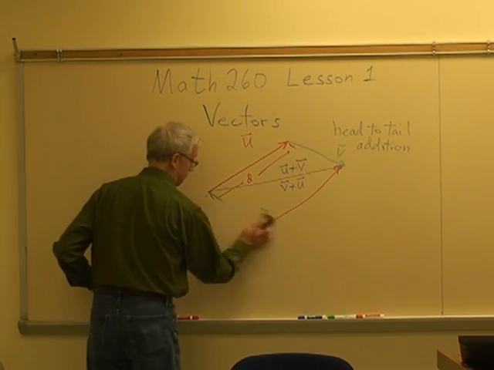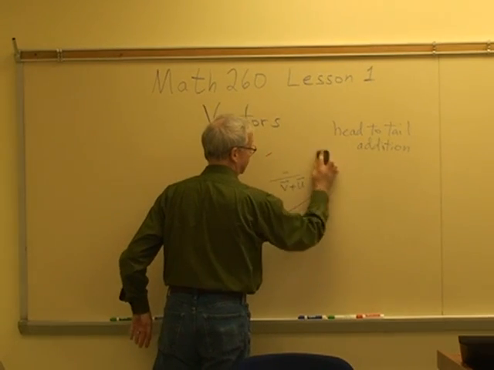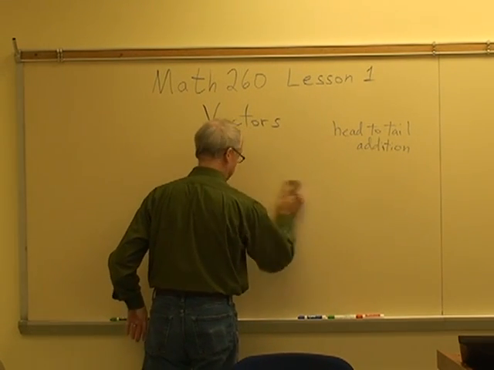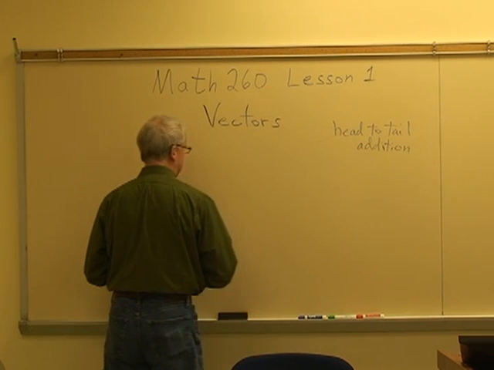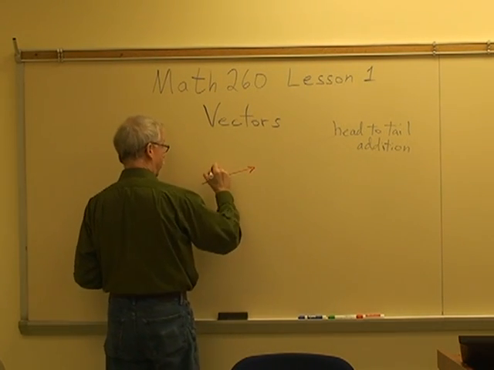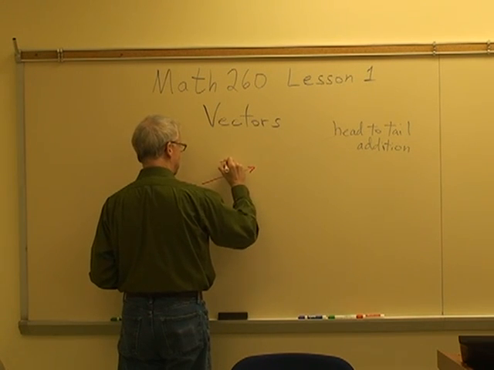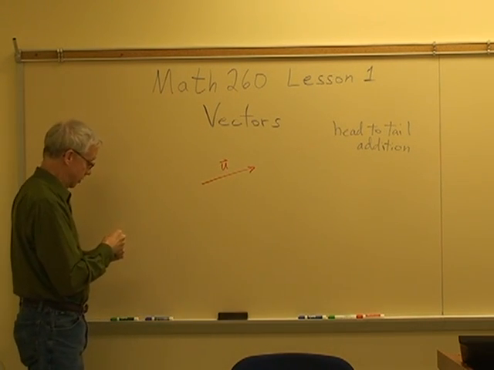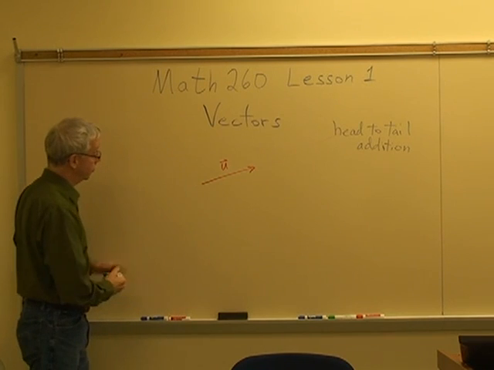I'm going to erase this one. We'll take a new vector u that goes in some direction for some distance. What would it mean to multiply u by 2?